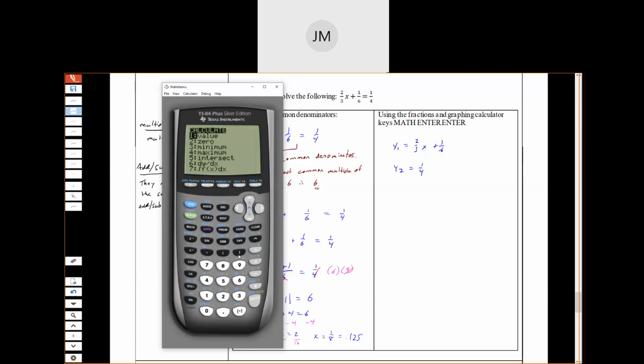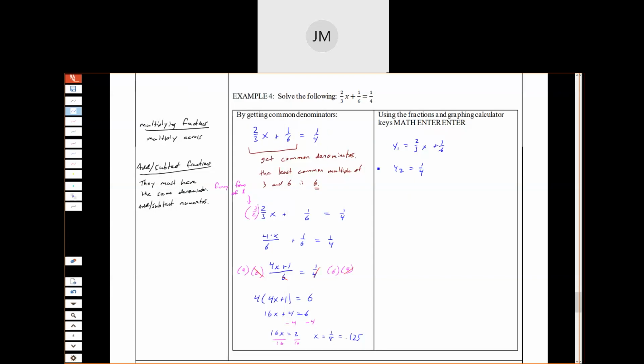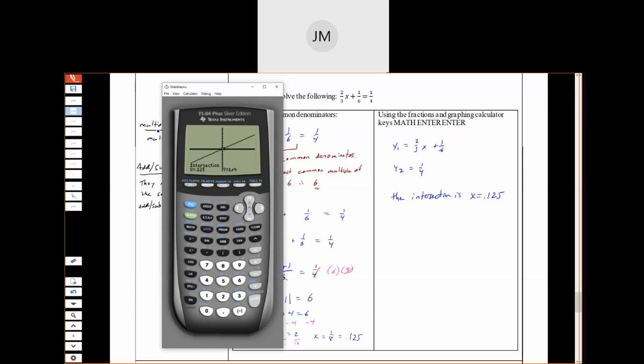Okay. So now I'll calculate my intersection point. First curve, second curve, guess. And it gives me x equals 0.125. And maybe if this problem started with fractions, I would say, oh, maybe I want an answer in fractions.